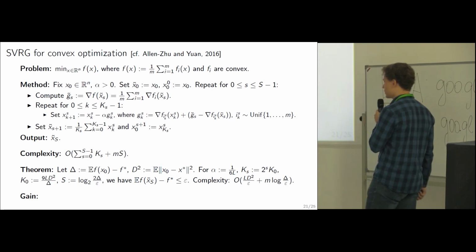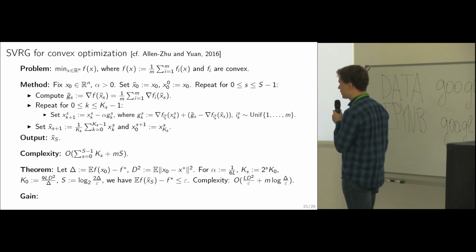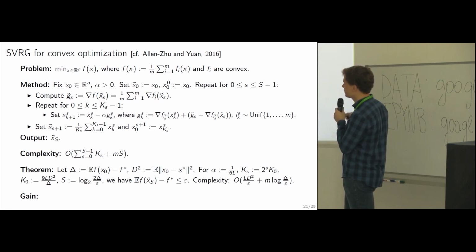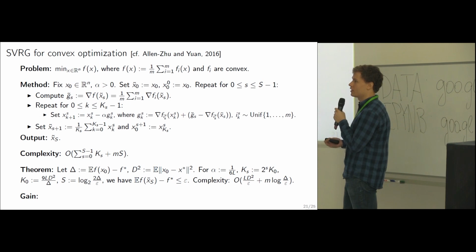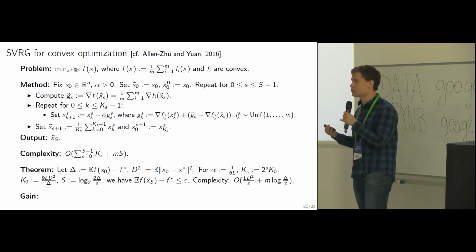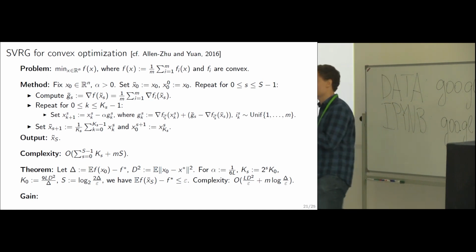So the answer to this is that yes, indeed, I considered only the optimization part of the whole story, and actually there are many works that use all this theory inside to obtain statistical guarantees as well.